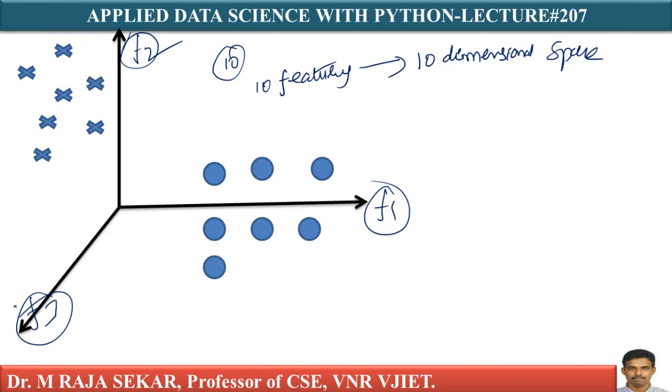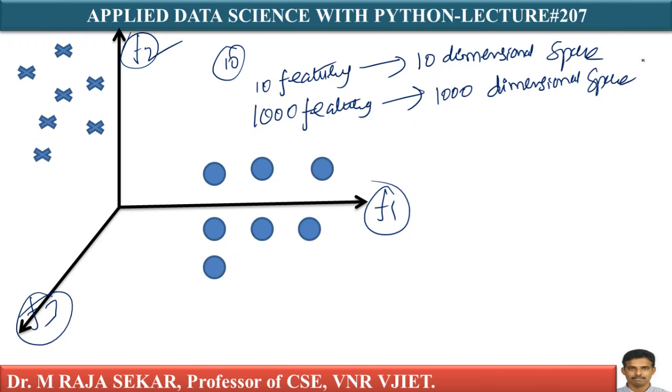If I have 1,000 features, I have to operate in 1,000-dimensional space. Is that feasible? Of course, we can't visualize anything.